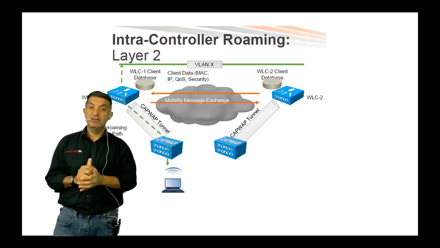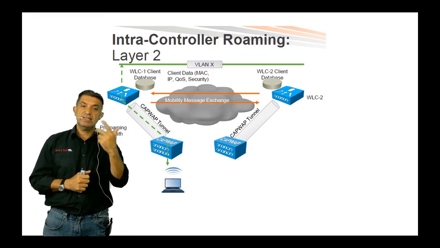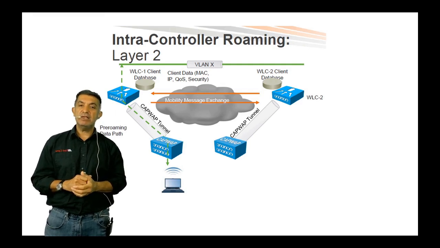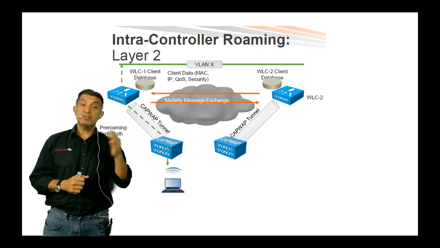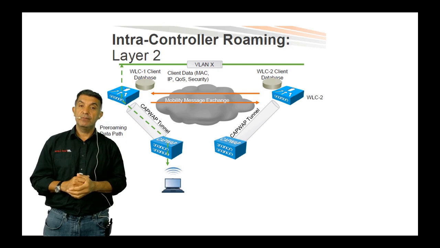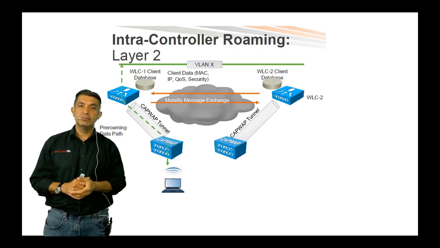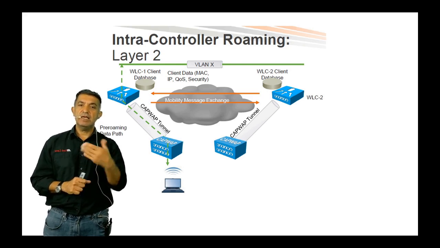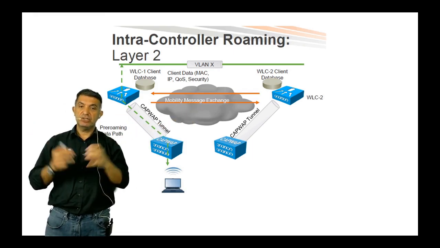By the way, the SSID, the WLAN name, must always be the same. It doesn't matter which type of roaming we want to configure: intra-controller, inter-controller, layer 2, layer 3, whatever, the SSIDs must match.